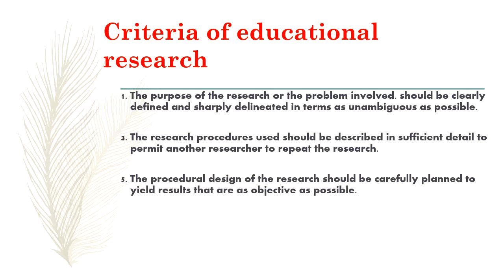So with this procedural design, when one thing will be introduced, when the other thing will be introduced, how it will go on, when the tests will be taken, how many days gap will be there, all these things should be planned beforehand, so that the result which we get from the study will be objective. That means it will answer the problem which we have chosen.